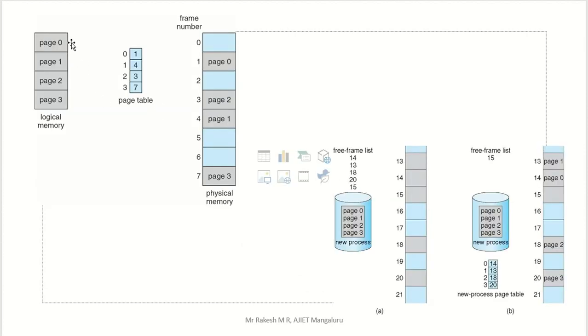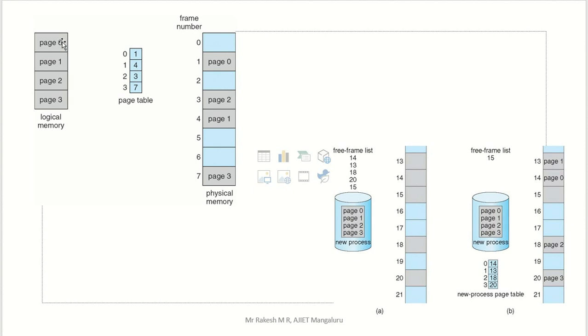Now see here, we have page 0, page 1, page 2, page 3. We divided into 4 pages. So where is page 0 stored? Here, in the first frame we have page 0. This is the memory actually. Page 1 is stored in the 4th frame. Page 2 is stored in the third frame. So we have to represent this in the page table, right?